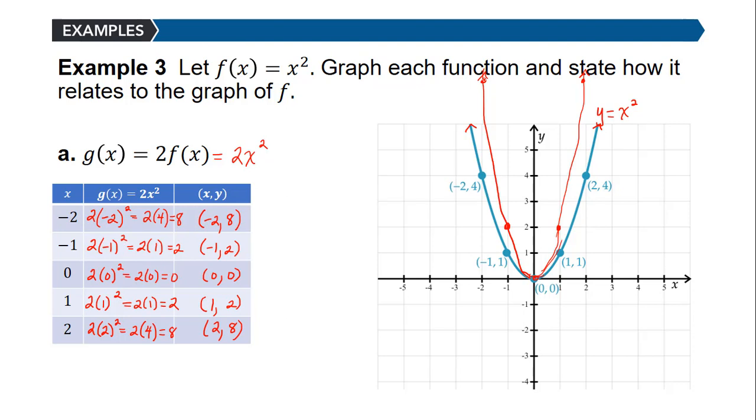And that's exactly what this multiplier of 2 is doing to this graph of y equals x squared. So when we state how it relates, we say that the graph of g is the graph of f stretched by a factor of 2.